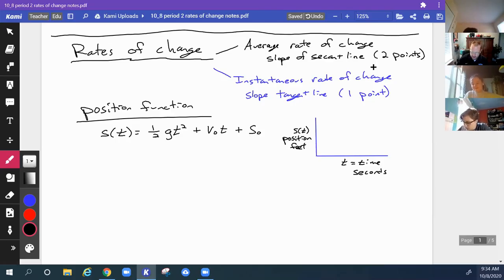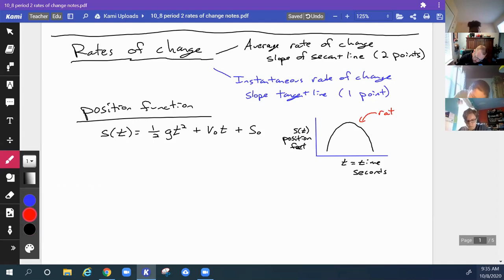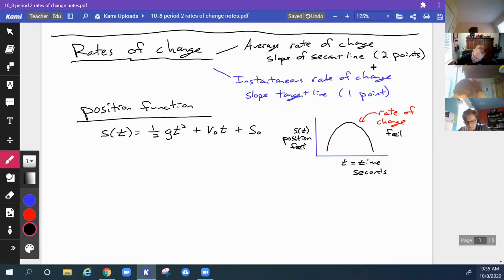So anything that I'm calculating a rate of change for, we're going to be looking at slope, and then figuring out the units for that. If I have some kind of graph, and I want the rate of change of this graph, it is going to be my change in y over my change in x.